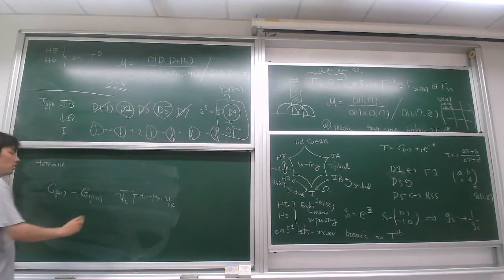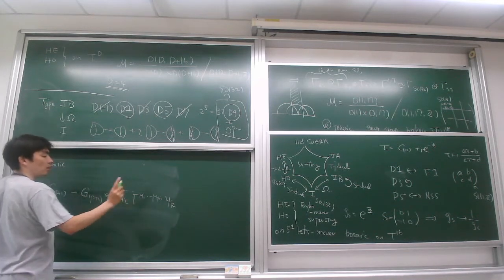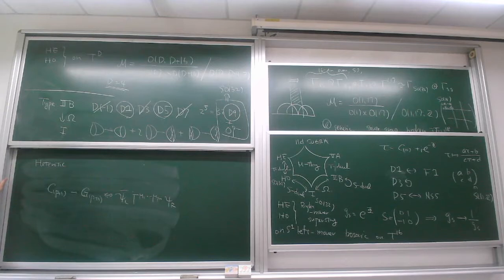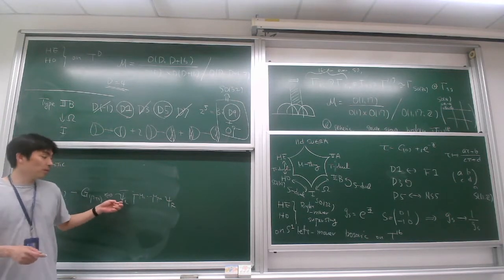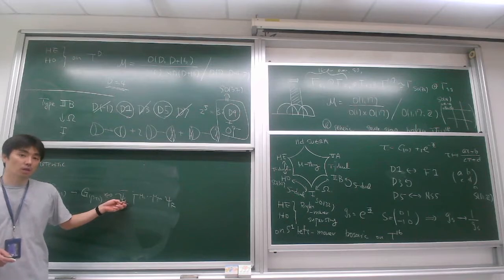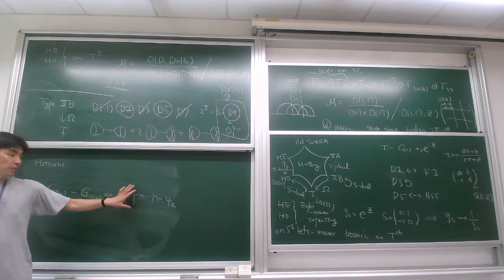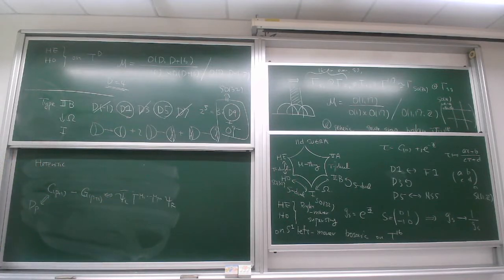That is associated to the space-time vertex operator. So a Dp-brane couples electrically to this Ramond flux. However, in the heterotic string, there is no fermion in the left-moving sector, so you cannot create a vertex operator corresponding to Ramond flux.